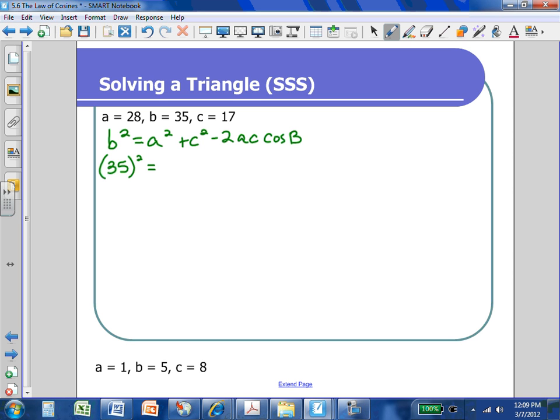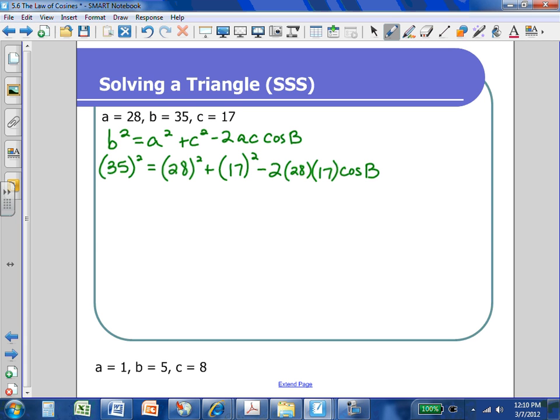That's equal to A, which is 28 squared, plus C, which is 17 squared, minus 2 times A, which is 28, times C, which is 17, times the cosine of angle B.